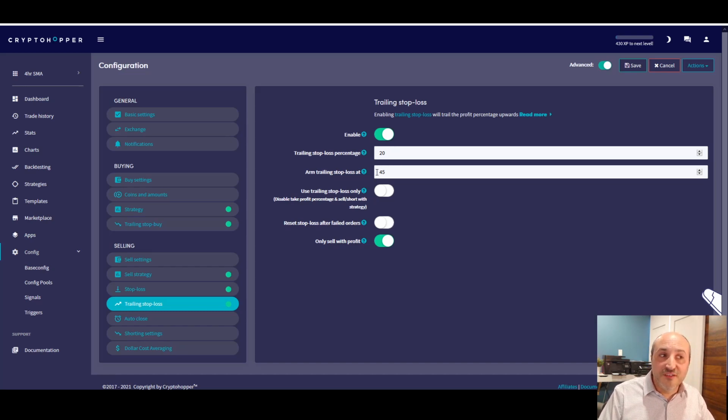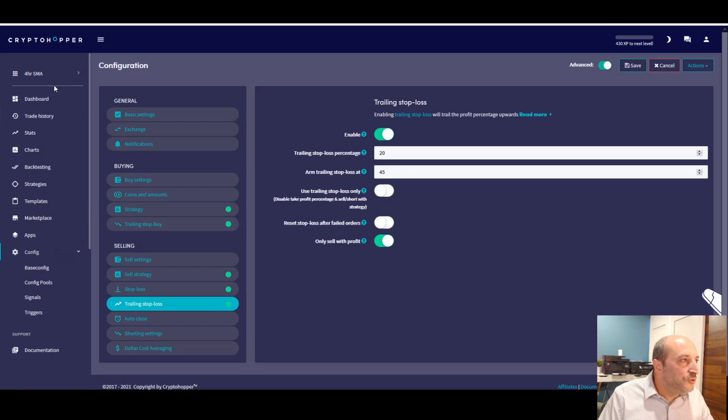So if you put 5 here, put around maybe 2.5 here. If you had 4 here, put around 2% here. That should work pretty good. If you see you're getting more red than green, try to lower this number a little bit, when the trailing stop loss arms, so it can pick up your profit.